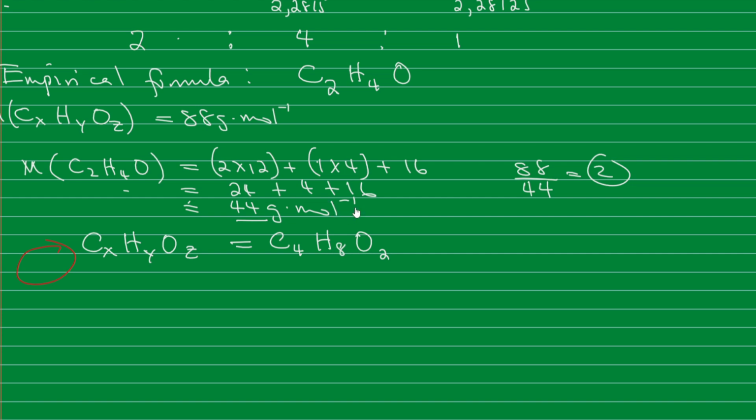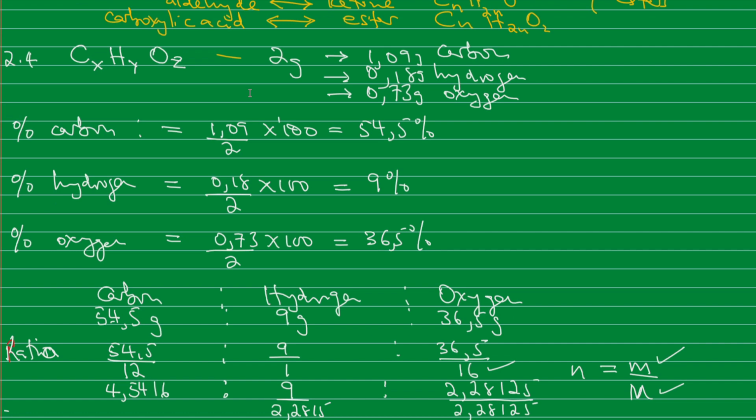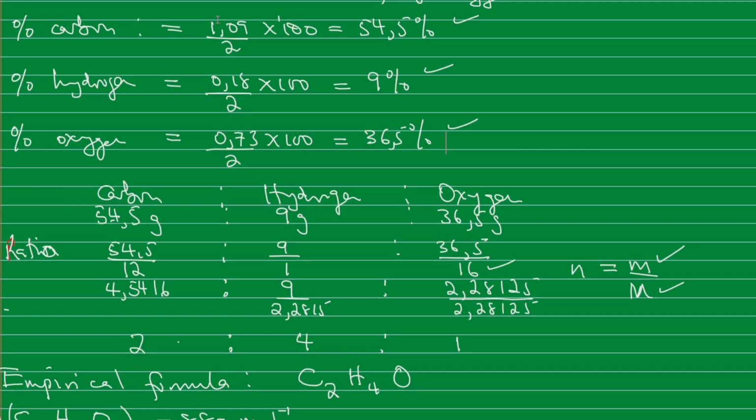So to go through the process again quickly, calculate the percentage of each element. Those percentages will give you the ratio of the mass of each element in grams. Carbon, I've got 54.5, hydrogen. Then find the ratio of the moles. Divide the percentages by the molar mass to find the ratio of the moles.